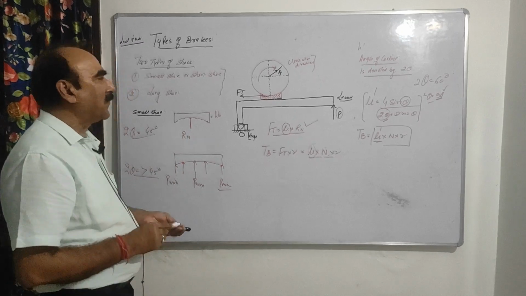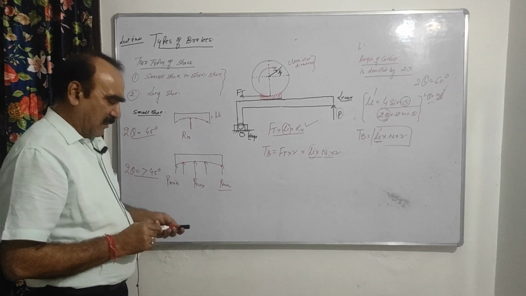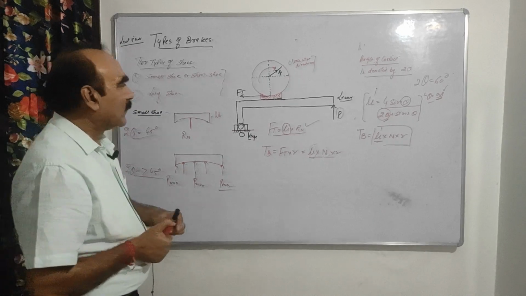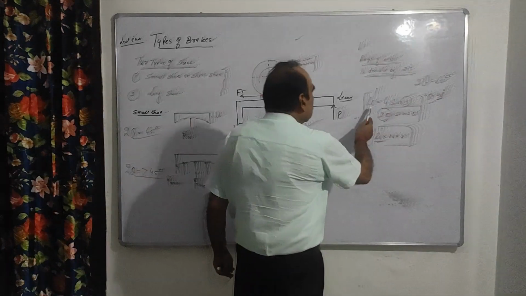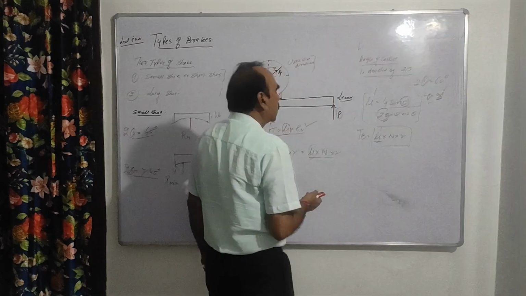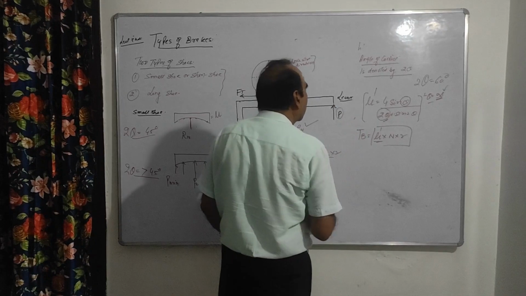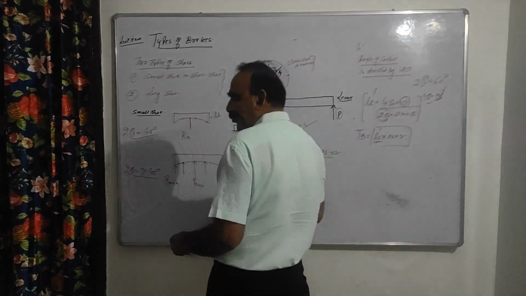But in case of your long shoe, you will use this equation, calculate mu dash, and then substitute here.